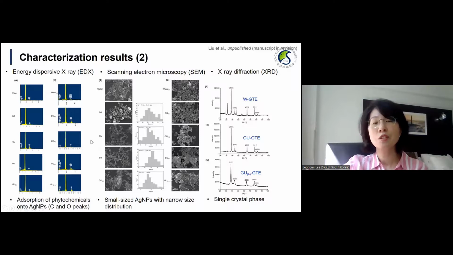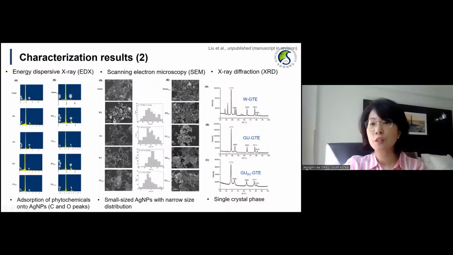That means at least the DESs did not have any adverse effects on the synthesis. And from this SEM analysis, we found that DESs were actually very helpful to produce silver nanoparticles that are very small and have a narrow size distribution, which are very desirable properties for nanoparticles.